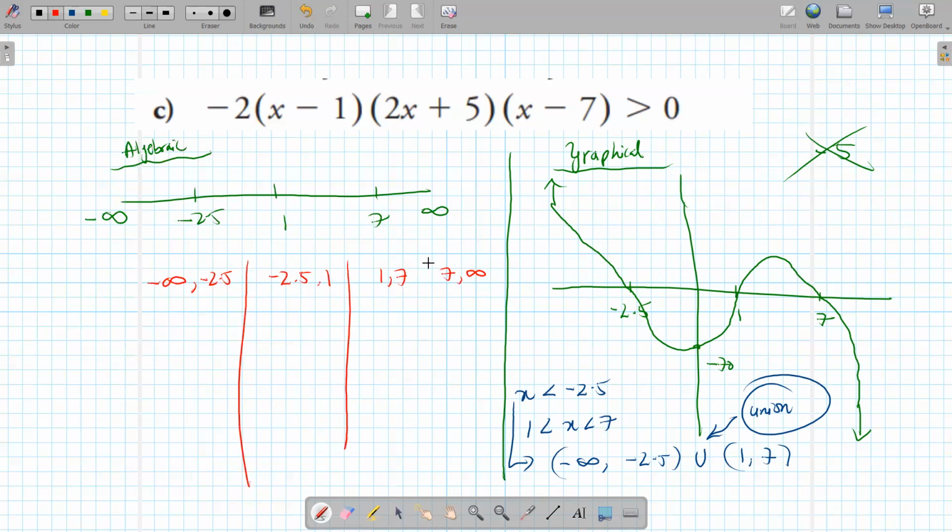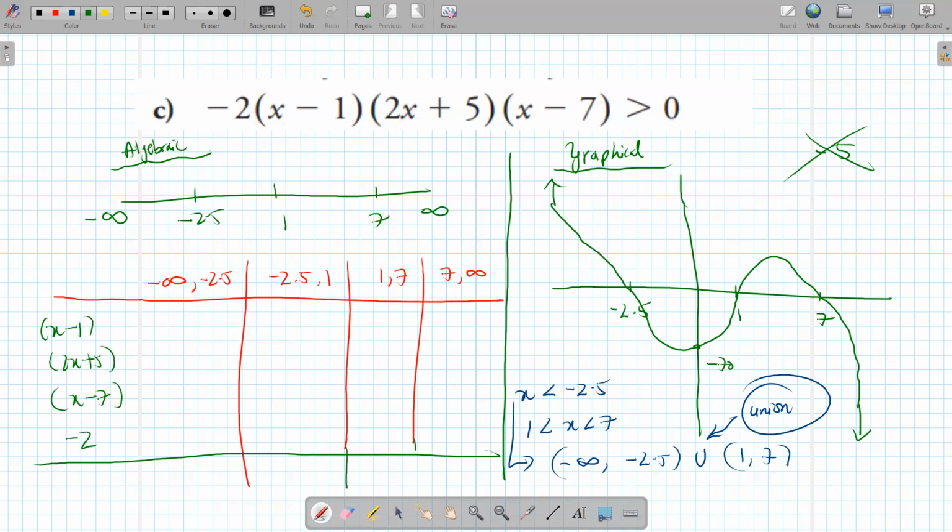Those are the 4 intervals we need to check. Over here, all our factors go: 2x plus 5, x minus 7, and negative 2. Negative 2 is negative everywhere because it doesn't have an x attached to it.